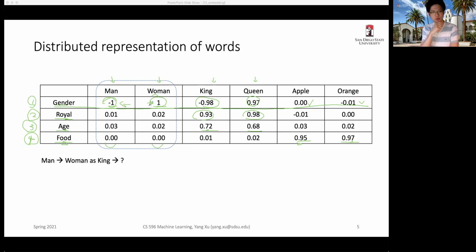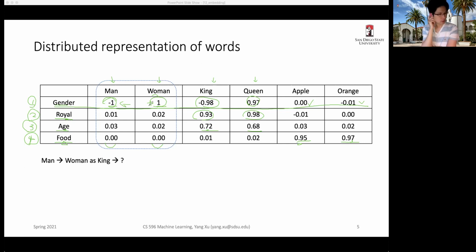Okay, so using these vectors, what we can do is utilize the distance between those vectors to model the distance in semantic space. The distances between those vectors actually carry meanings.